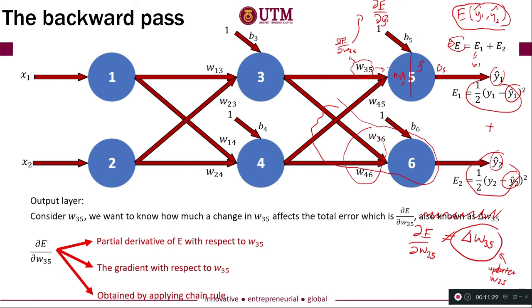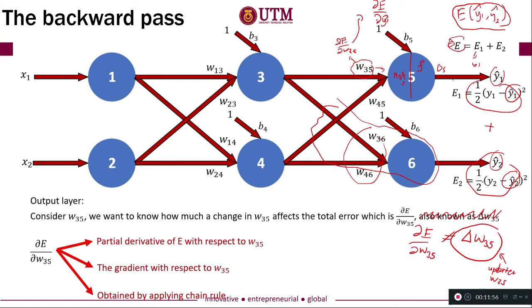That's the reason why we start our chain rule like that. When we see the picture, to find del E over del W35, we must start at del E, which is at this location, and you see that E depends on two variables, y1 hat and y2 hat.